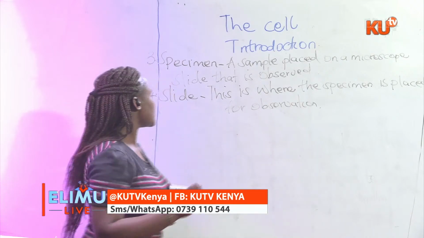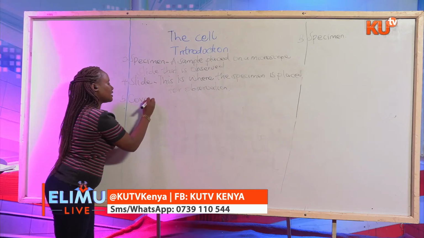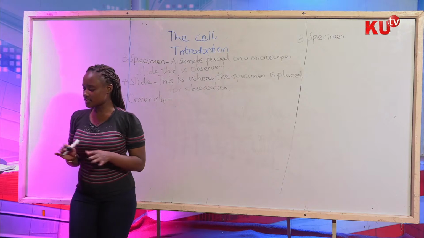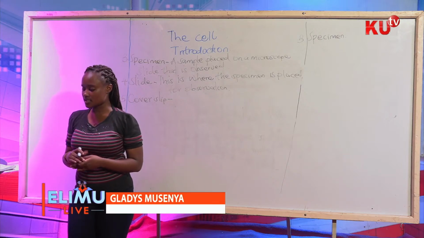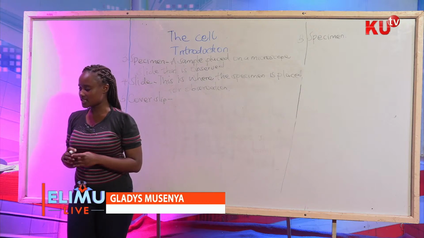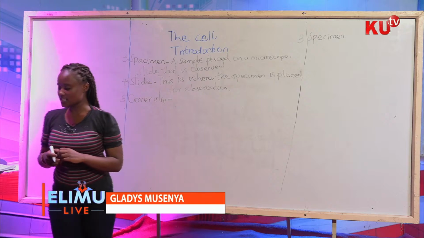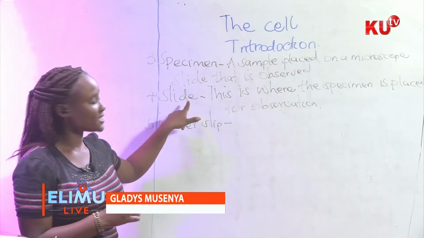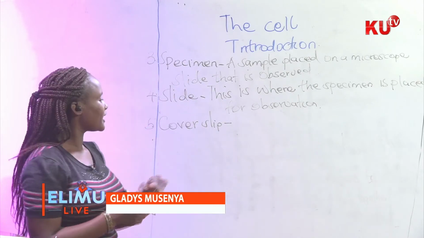Now we go to the fifth, the cover slip. What is a cover slip? A cover slip is a thin piece of glass that is placed over the specimen on the slide to protect it and give it a clear view.